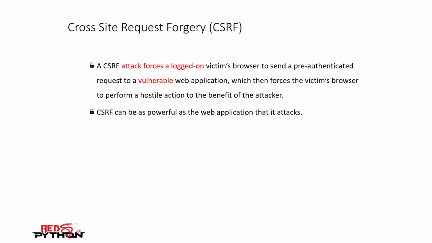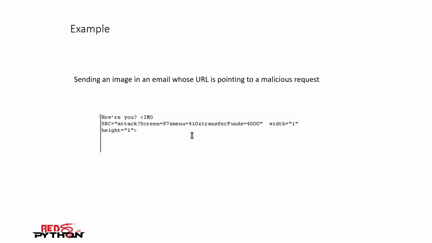Now, cross-site request forgery, also known as CSRF, is a kind of attack that takes advantage of logged-on users. If a user is logged on to an important application, a financial application with high privileges, an attacker might exploit that. How?